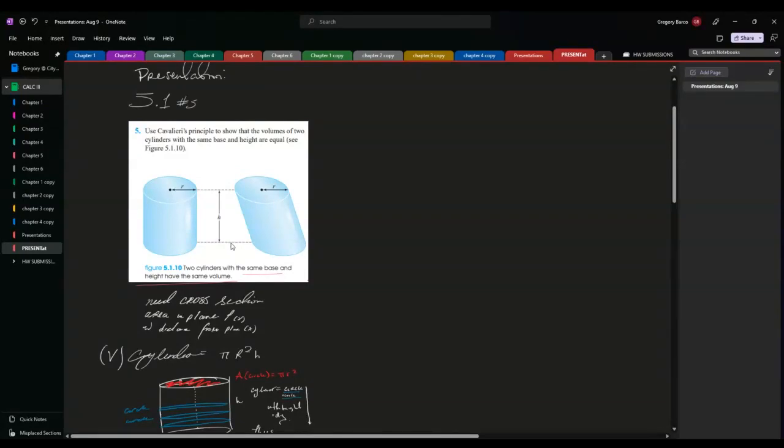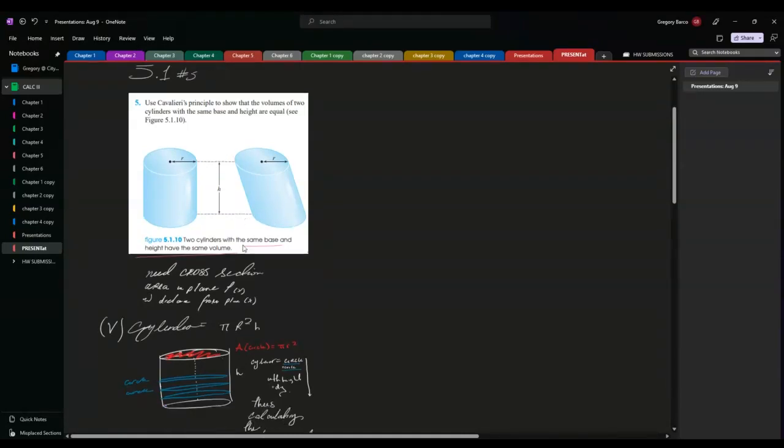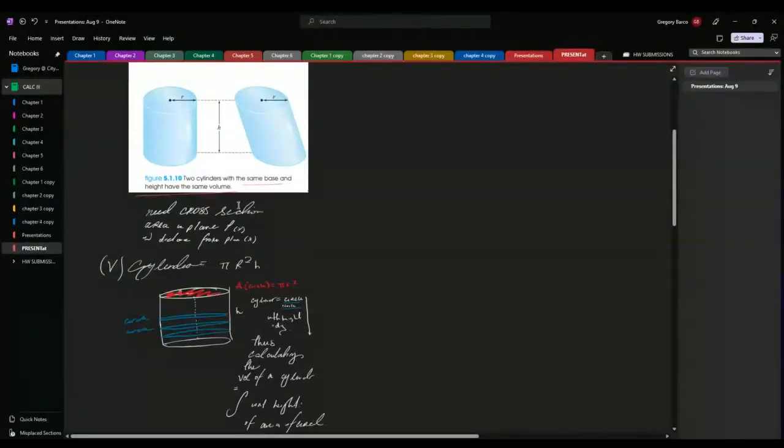One thing that we should notice or preface is that we can place these cylinders at the same level, right? And then we're also going to need the cross-sectional area of any slice in the horizontal direction. That will result in a circle, right? We can see it right over here.